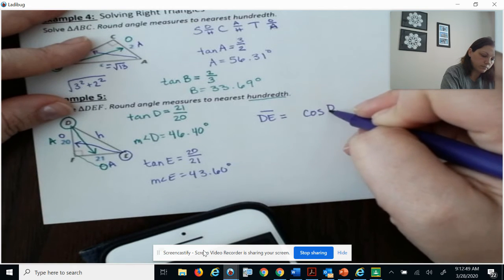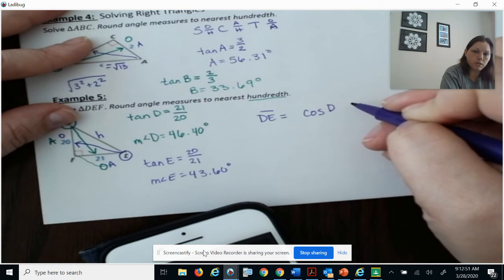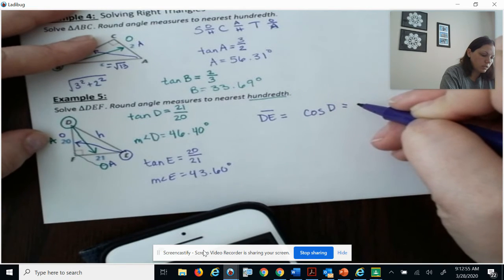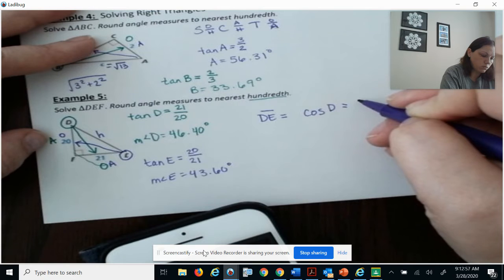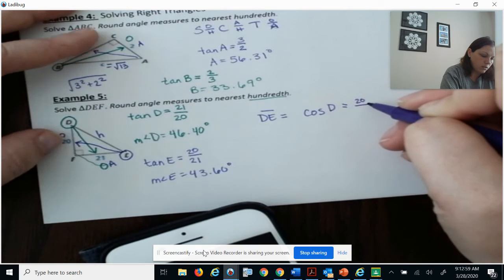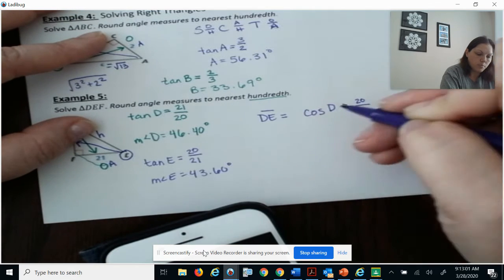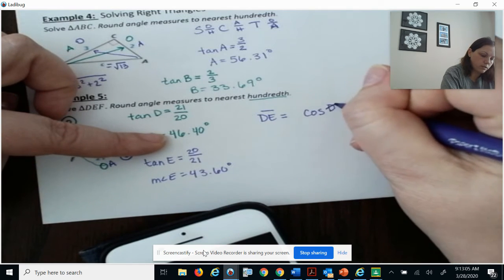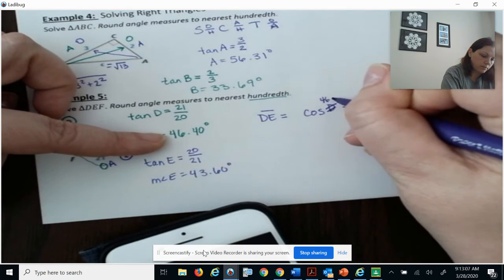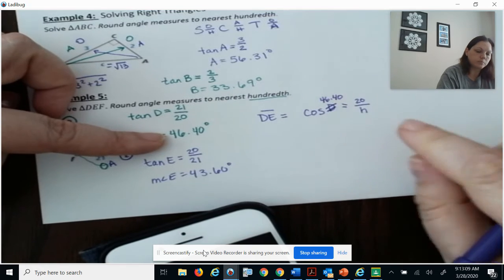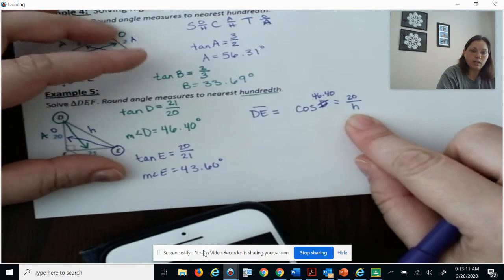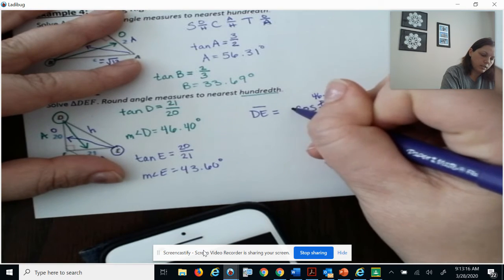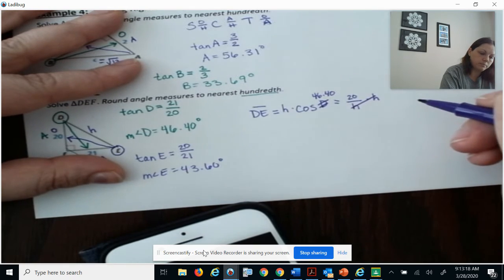Cosine of D, that was the angle I picked, right, equals the adjacent was 20 over H. But I know the measure of angle D now. It's 46.40. So I'm going to change that. Now to solve for H, I have to get rid of that fraction by multiplying by H, right?